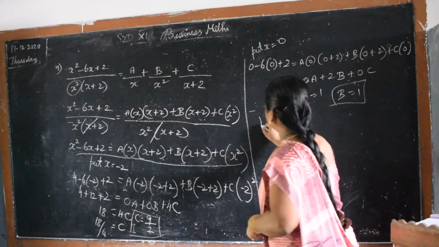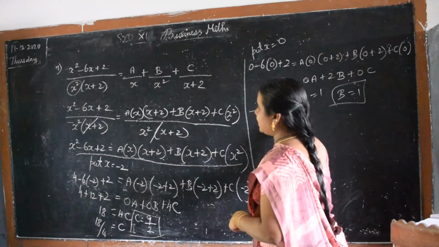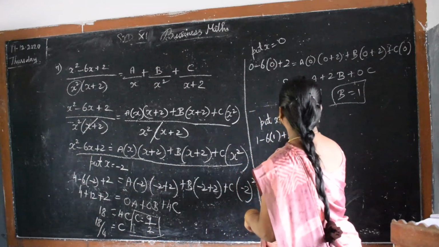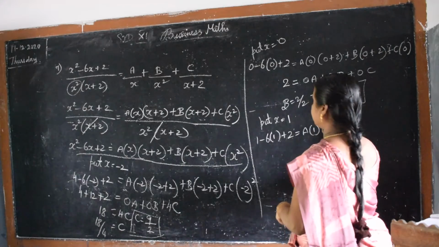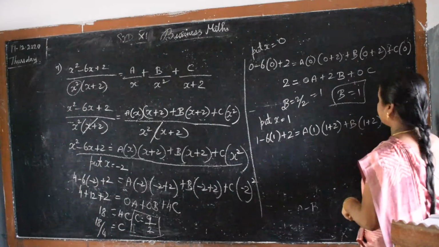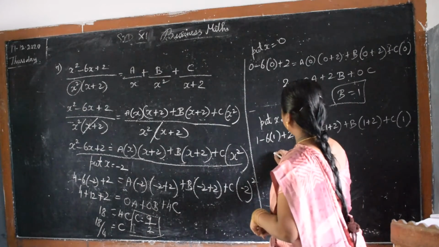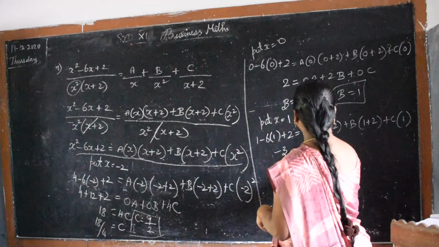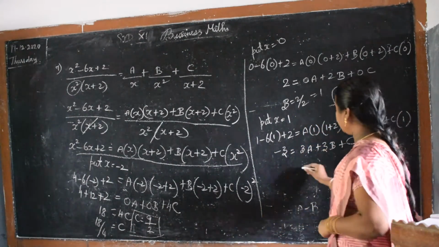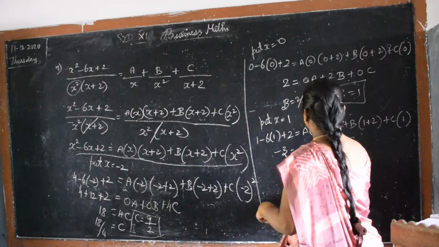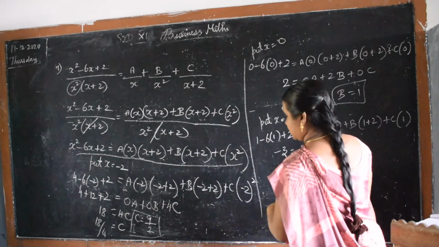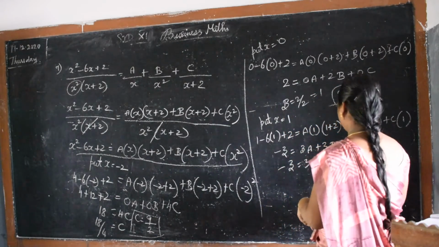Next substitute. Put x is equal to 1 here. In the place of x, substitute 1. So what is the answer? Minus 3 equals 3a plus 3b plus c. Now substitute the value of b. Your value of b is 1, so plus 3 into 1 plus 9 by 2. Okay.